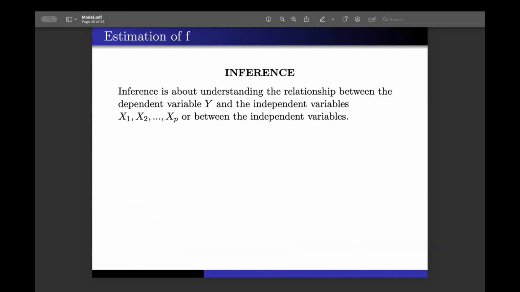One of the reasons why we want to estimate F is because we are interested in the relationship between the independent variables and the dependent variable. And inference is about understanding that relationship.